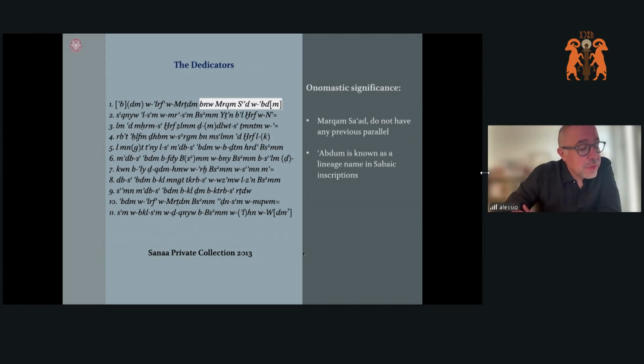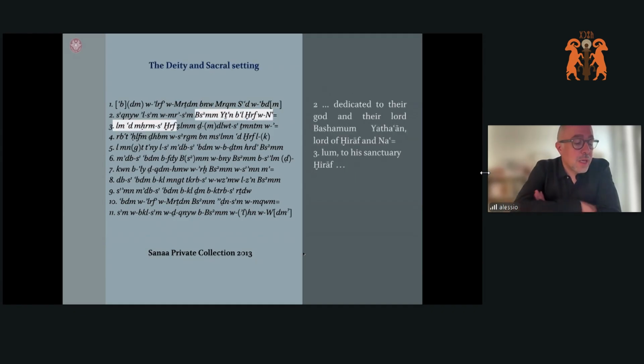These individuals dedicated their offering to their god and their lord, Bashamum Yathaʿān, lord of Hiraf and Nalum. Here we encounter the deity that is central to our text. The use of both God and Lord as qualifications is entirely typical for this deity.